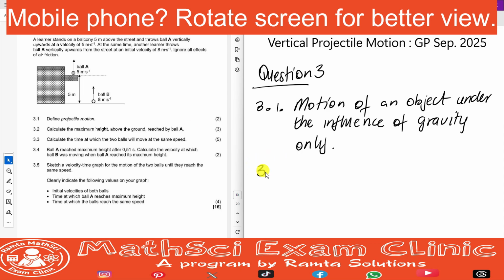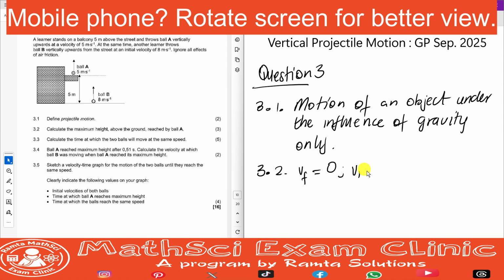So moving on. Calculate the maximum height above the ground reached by ball A. So we know initially ball A is 5 meters above the ground, but it will be thrown upwards. So to reach maximum height, we know its final velocity will be 0. At maximum height, final velocity is 0.